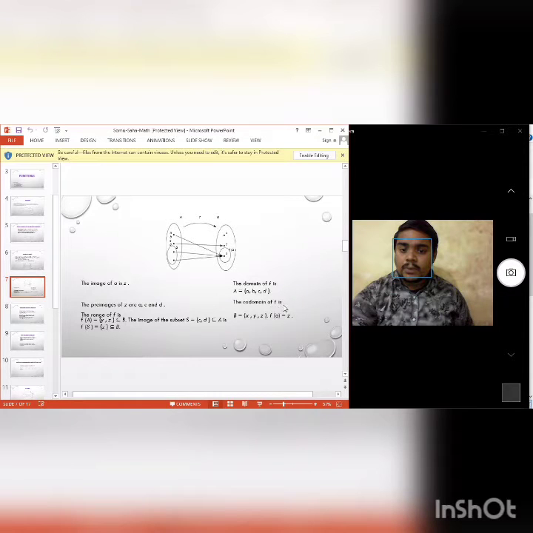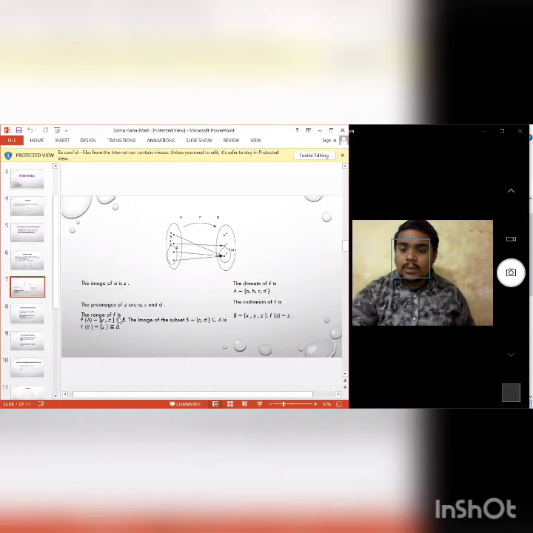The codomain of f is B = {x, y, z}. f(a) = z. The preimage of z is a, c and d.